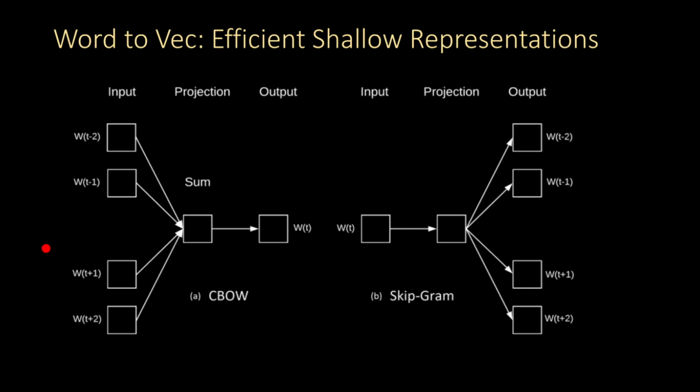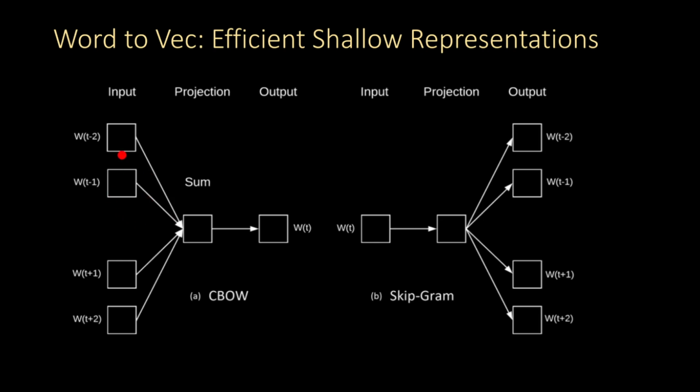So in sum, basically, you have this shared projection layer that's shared when processing all the words as a target for this architecture.